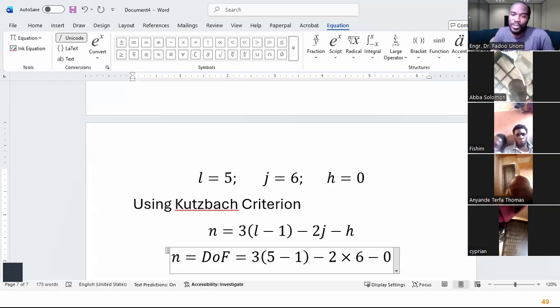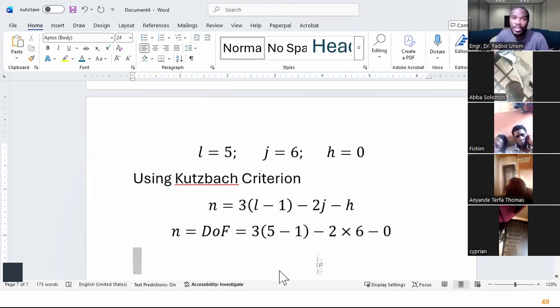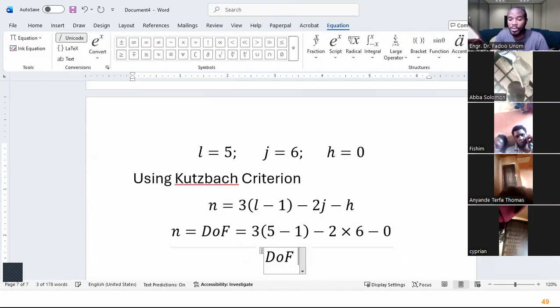So 5 minus 1 is 4. 4 times 3 is 12, right? And then 2 times 6 is also 12. 12 minus 12 is 0. 0 minus 0 is 0. And so the degree of freedom of this mechanism is 0.